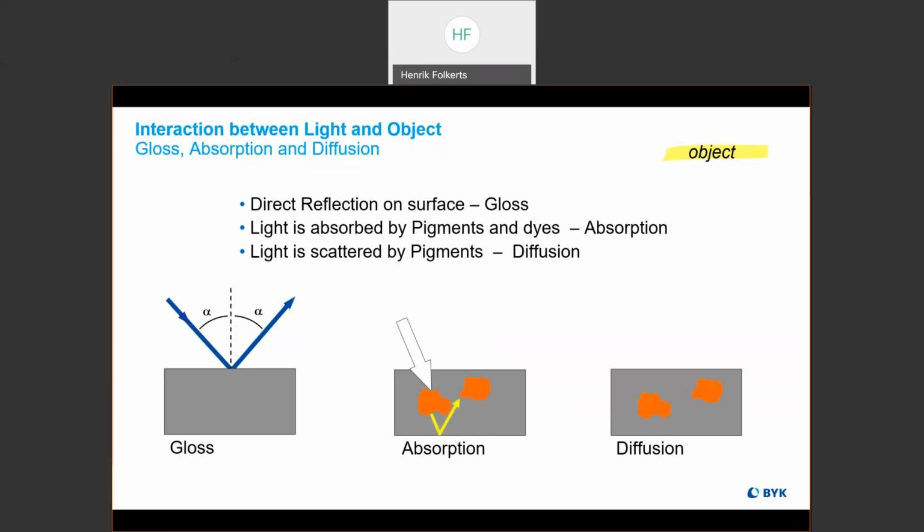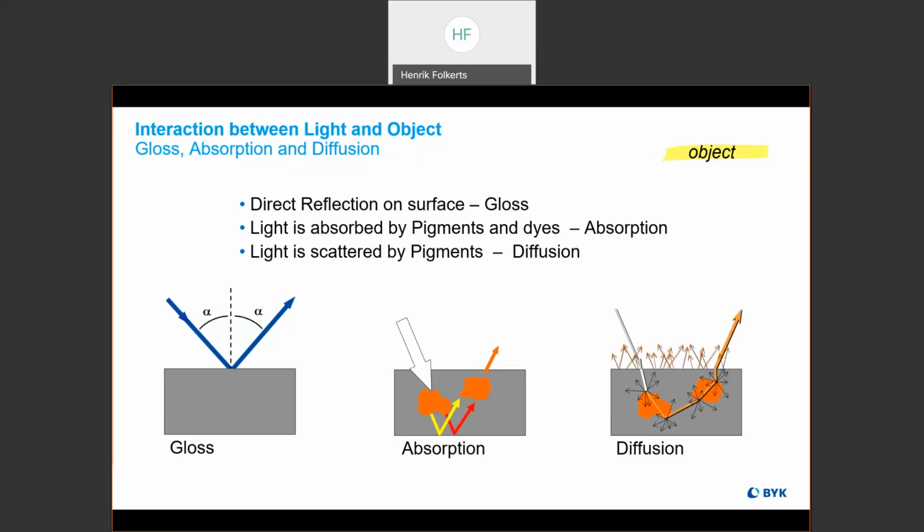Here you can see the absorption. It changes the intensity of the light of individual wavelengths. Absorption contributes primarily to the color of the object. So colorants have a specific absorption spectrum. And this is the diffusion.